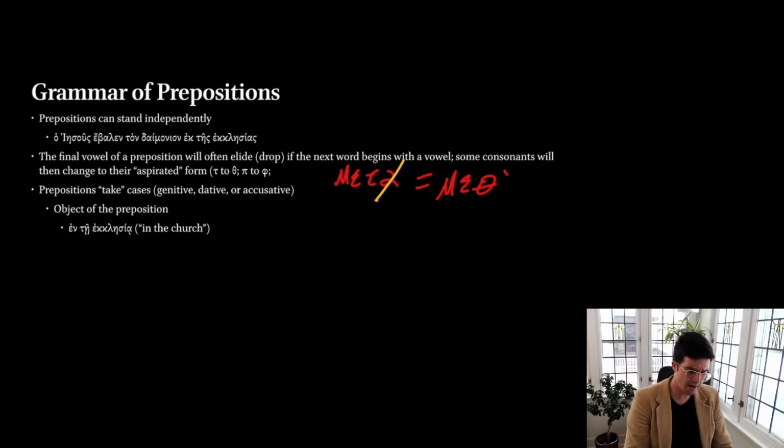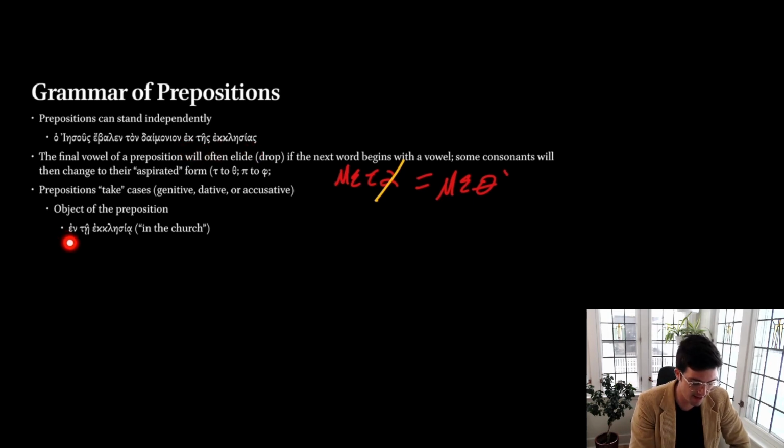And so going back to what comes after the preposition. Remember I said out of the church. Notice that here the church is in the genitive case. And this is because prepositions take different cases. The prepositions will have after them nouns in particular cases. And these are what is called the object of the preposition. So our example here is ek, taking the genitive, out of the church.